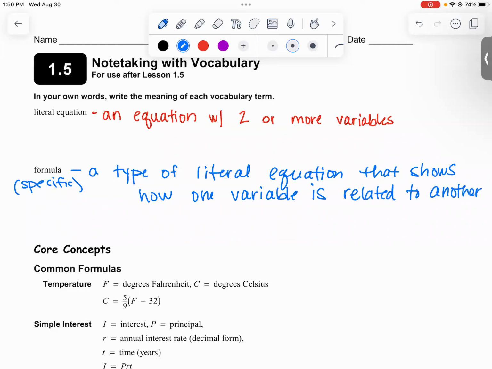Okay, so I kind of was mentioning some like area equals length times width. That would be an example of a formula. It's a type of literal equation, but there's a relationship that has a little bit more meaning to it, right?